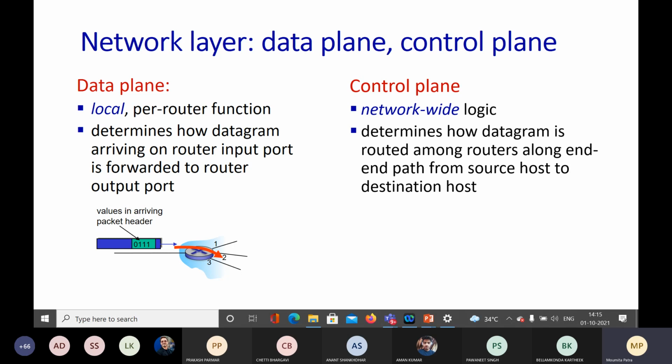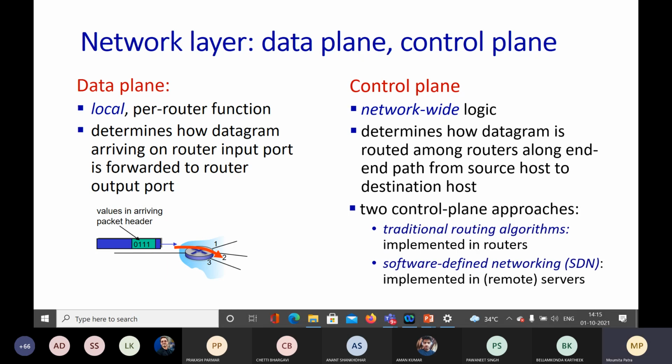So how a datagram should be routed among different routers which are there along the path from the source to its desired destination. Okay, so determining this path is known as a control plane function. Okay, so these are basically how it differentiates data plane functionalities and control plane functionalities.